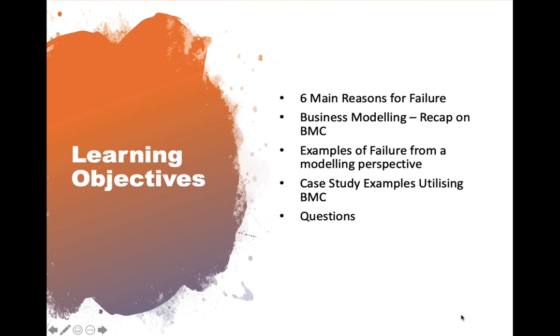We're going to do a recap on business model canvassing and how business modelling can help you to anticipate failure and come up with strategies to overcome that. We're going to look at examples of some businesses that have failed, some case study examples utilising business model canvas, and as usual, I'll be available to take questions on any of this during the office hours.